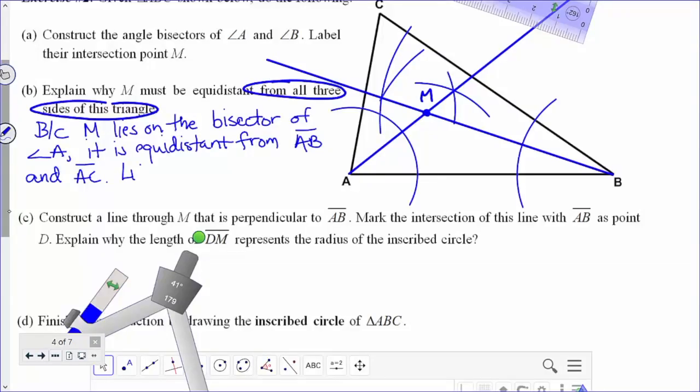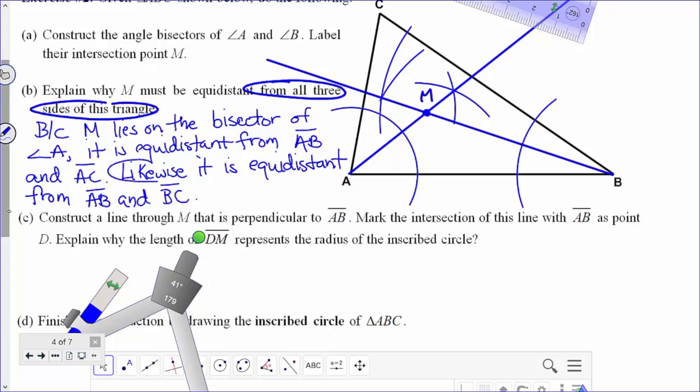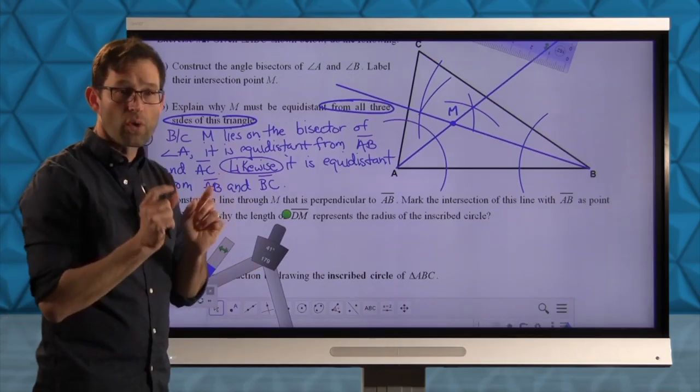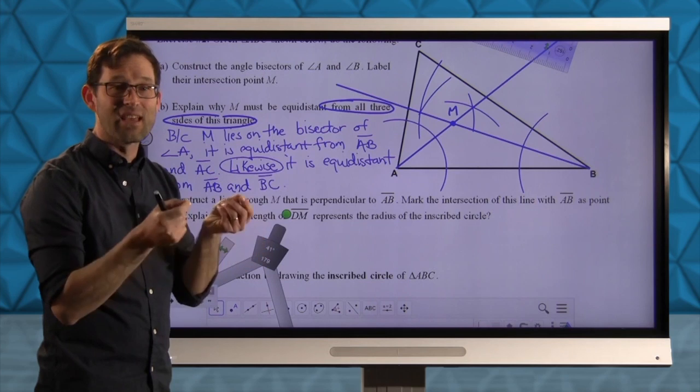Likewise, it is equidistant from AB and BC, right? Why do I use the word likewise? I use the word likewise to basically be shorthand for exactly the same reason.